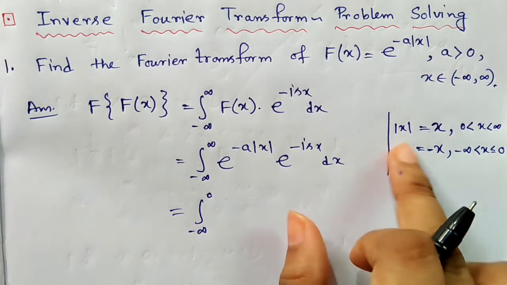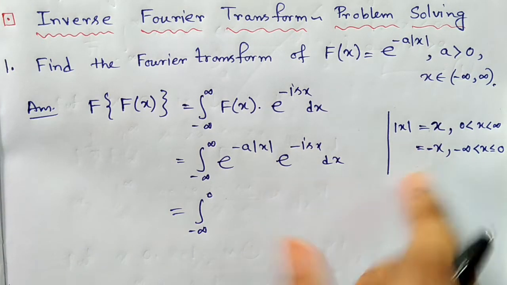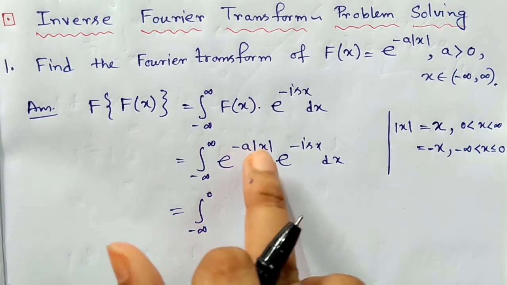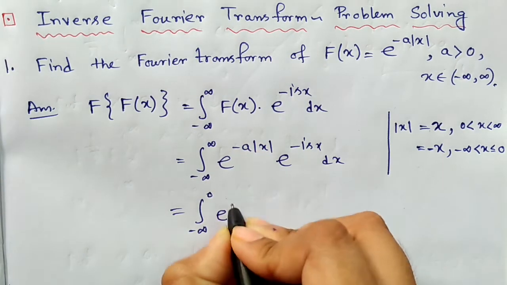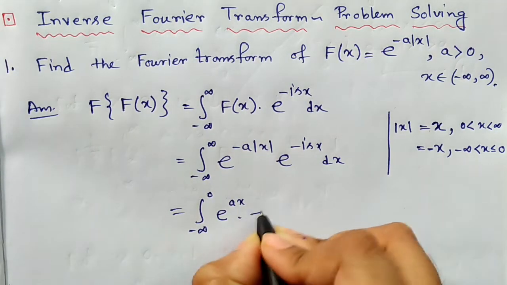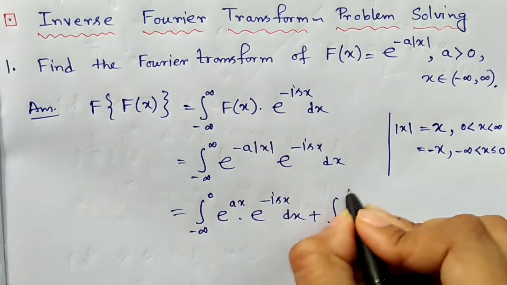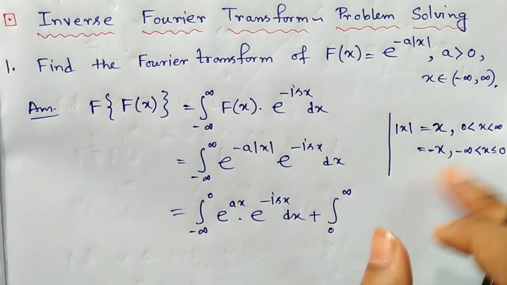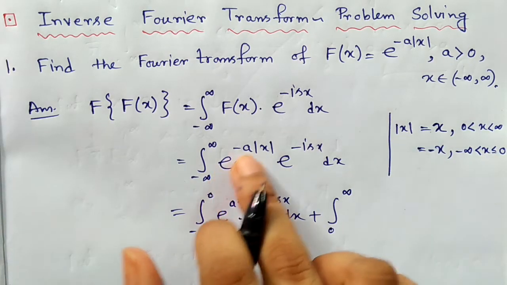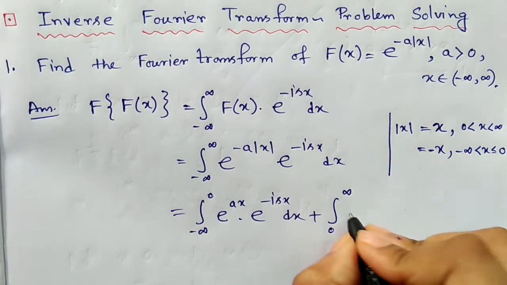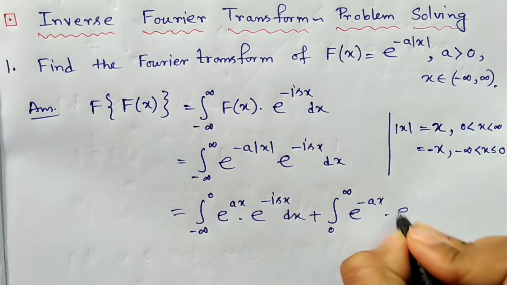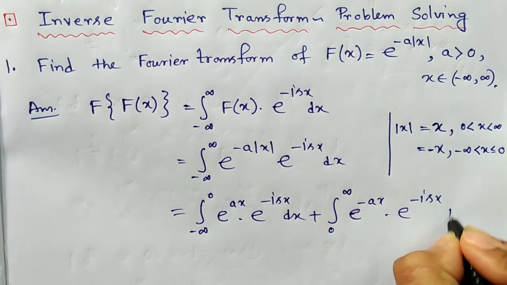In the first section, as mod x equals minus x, we get e to the power minus a times minus x, that is e to the power ax, times e to the power minus isx dx, plus the integral from 0 to infinity, where mod x equals x, of e to the power minus ax times e to the power minus isx dx.